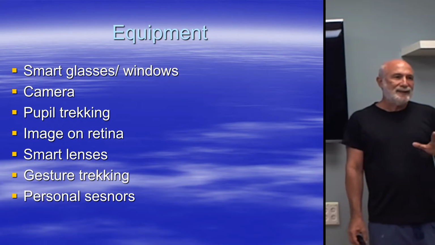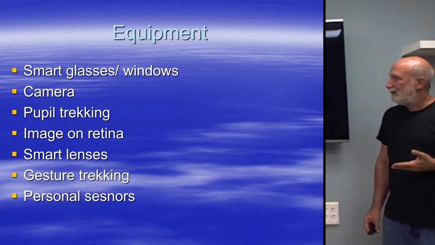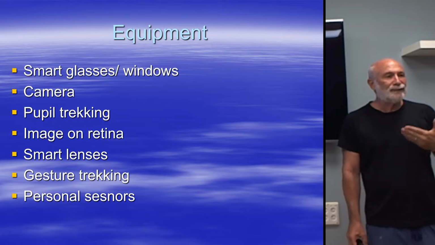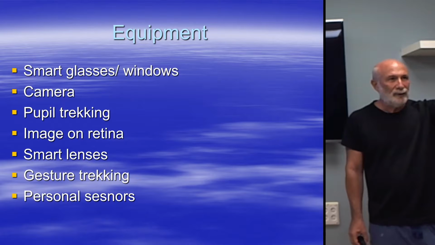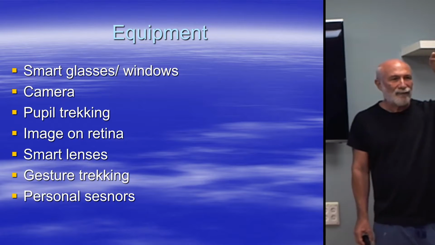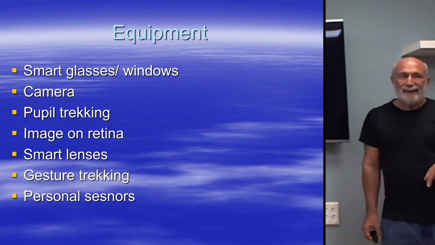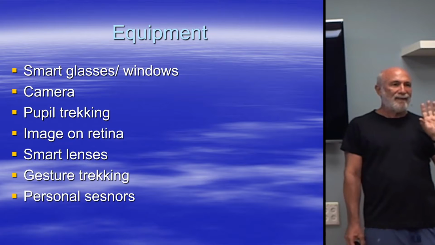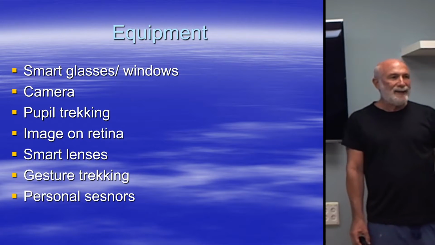Of course, the smart glasses will have a camera in them, and they will also have pupil tracking, to know exactly where you are looking, what you are observing, where your sight is focused. This is a must.